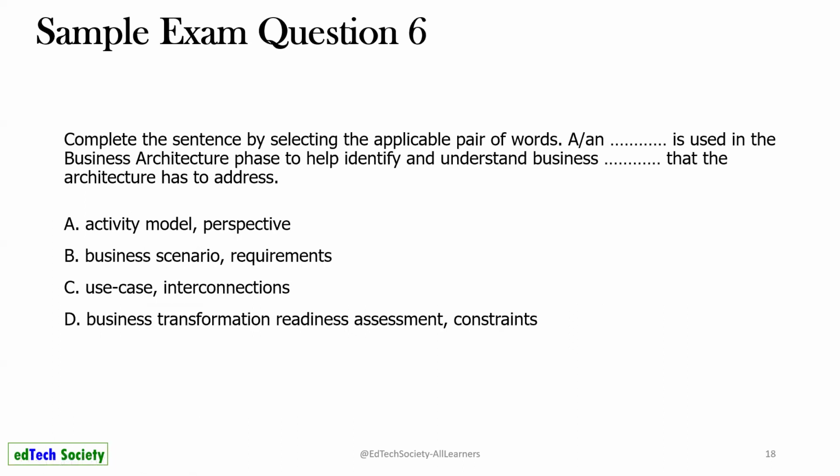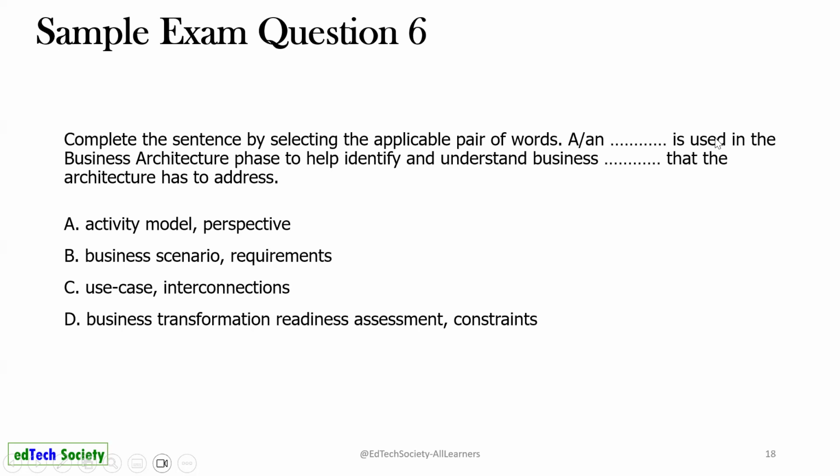Moving on, the next one is complete the sentence by selecting the applicable pair of words. Here, blank is used in the business architecture phase to help identify and understand business blank that the architecture has to address. And the options are A, activity model, perspective. I don't think so. B, business scenario.